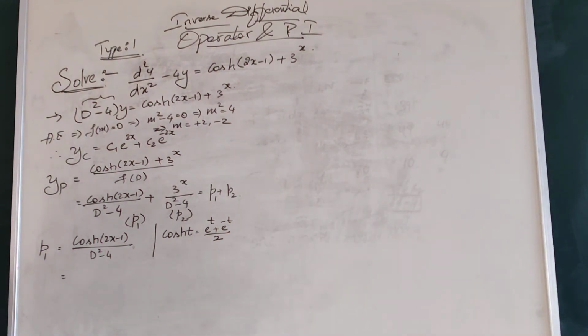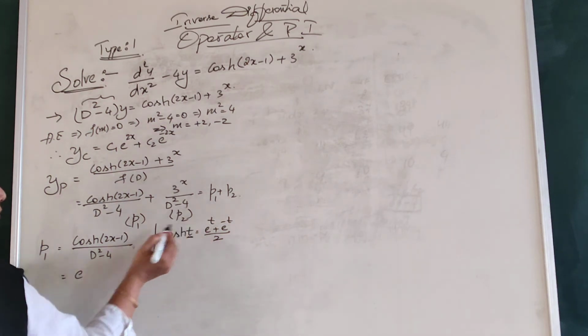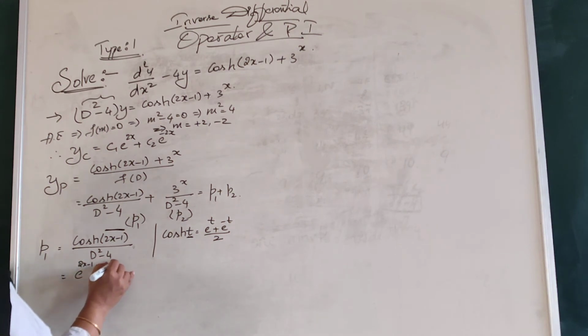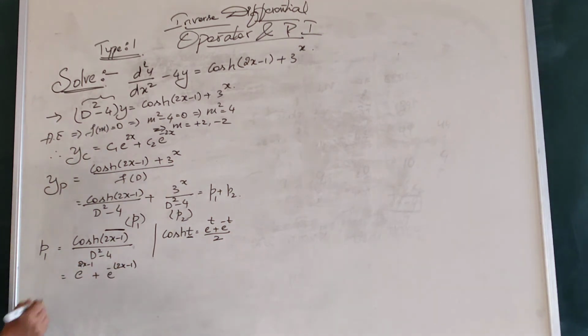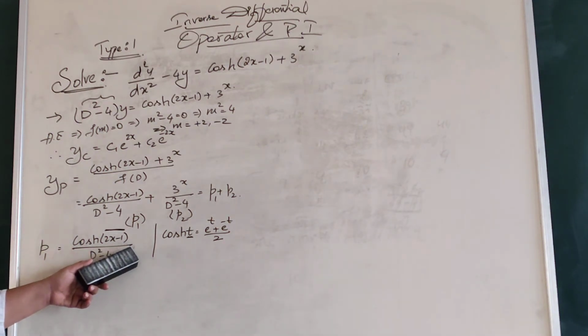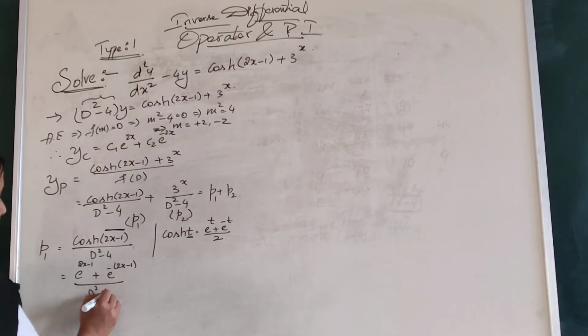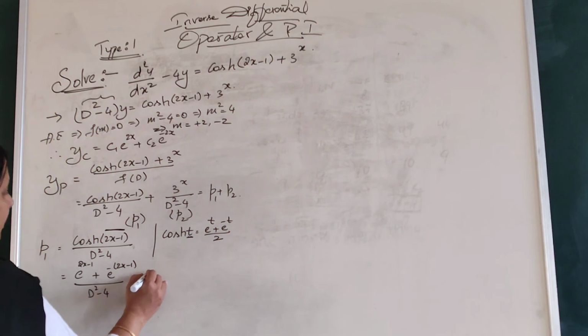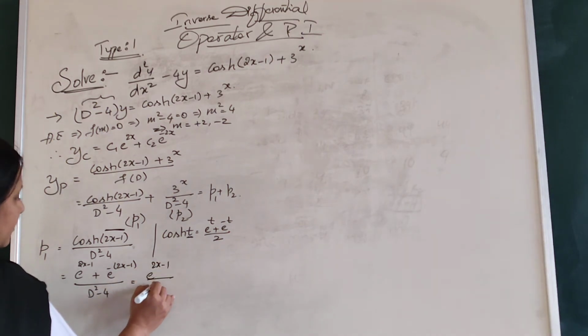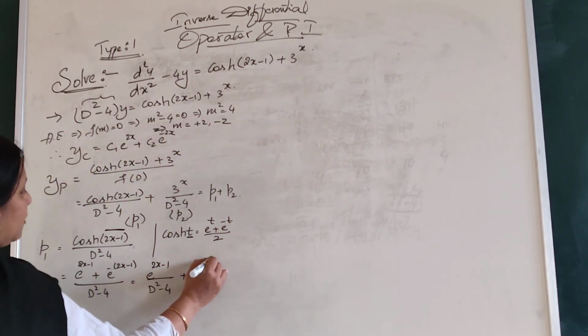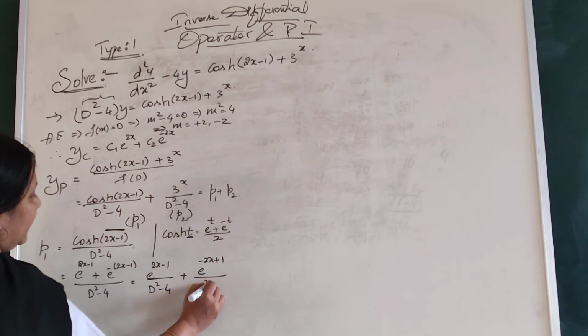Applying that, we get cos hyperbolic of 2x minus 1 can be written in exponential form, the entire 2x minus 1 should go to the exponential form. So e power 2x minus 1 plus e power minus 2x minus 1, the whole divided by d square minus 4. Even this gets split into two parts: e power 2x minus 1 by d square minus 4, plus e power, multiplied with this minus sign, minus 2x plus 1, the whole divided by d square minus 4.